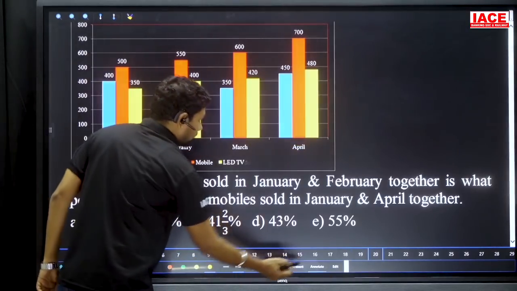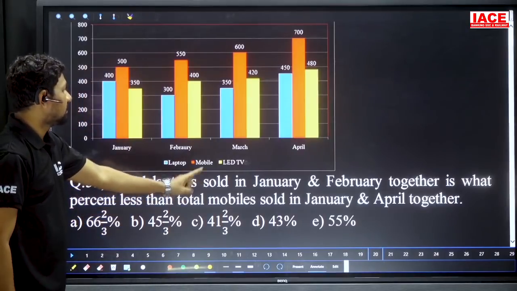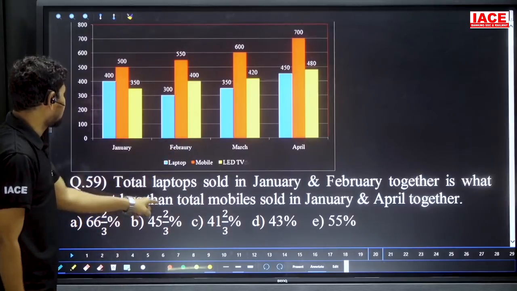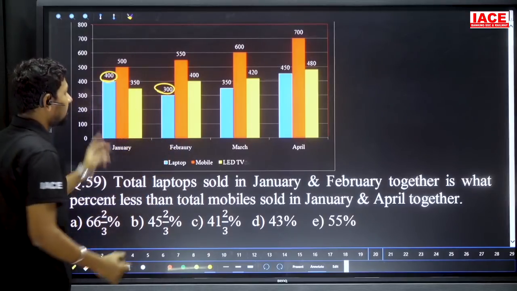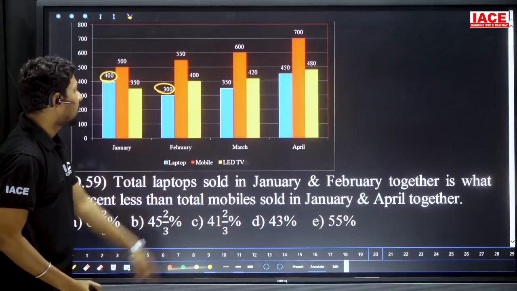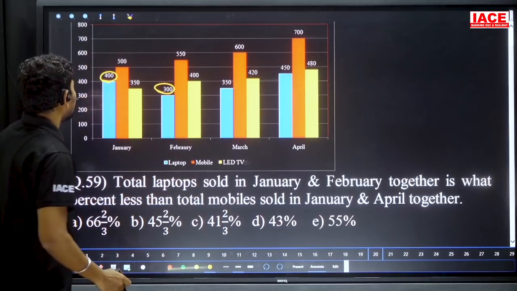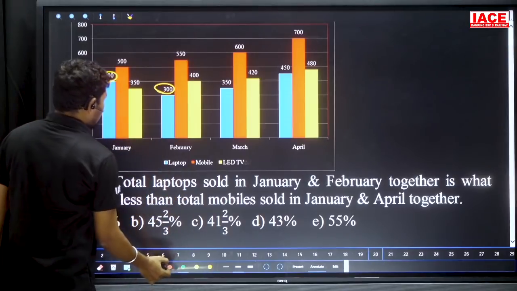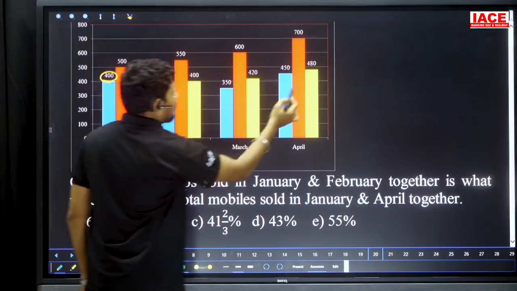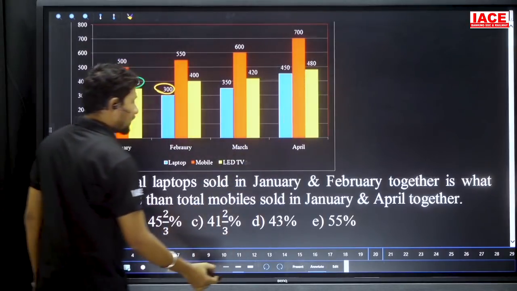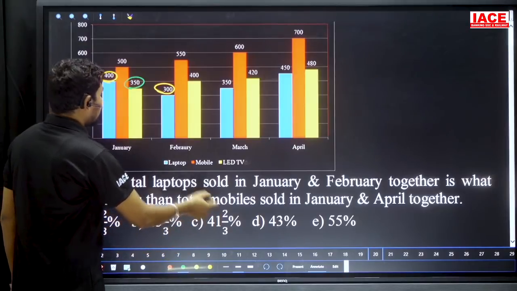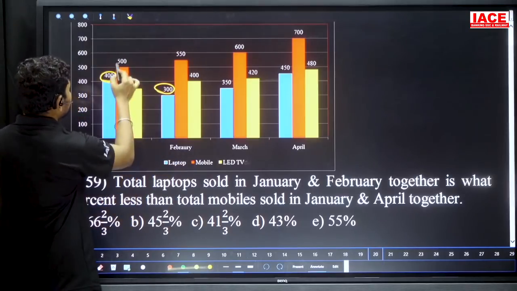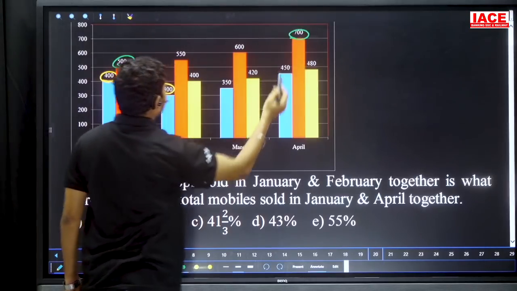Next, 59th. Total laptops sold in January and February together is what percentage less than the total mobiles sold in January and April together? Here 400, here 300, it is 700, and January and April mobiles together, here 350, and 500, mobiles belong to the red color, it is 500, so 700 overall.